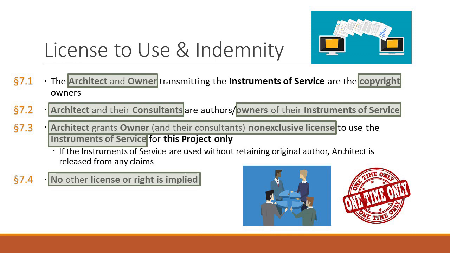So, very powerful provisions, Article 7. You own the copyright, you own the control, licenses are limited, and if the owner deviates from those, owner, buyer, beware. It's the owner's risk, not the architect's. So this is one of the best provisions for you guys in this agreement with respect to when there's a deviation from the project and what's going on.